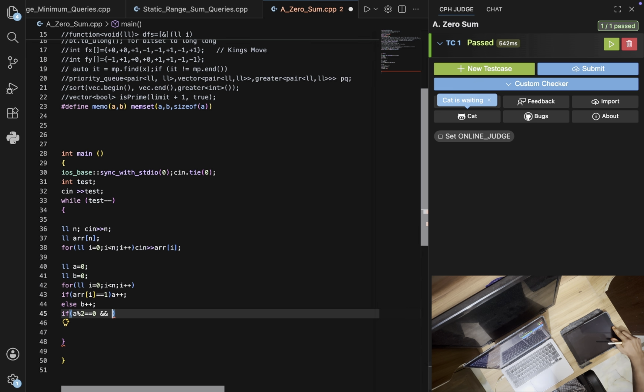There is another case. If that's equal to 2, I can't change anything.